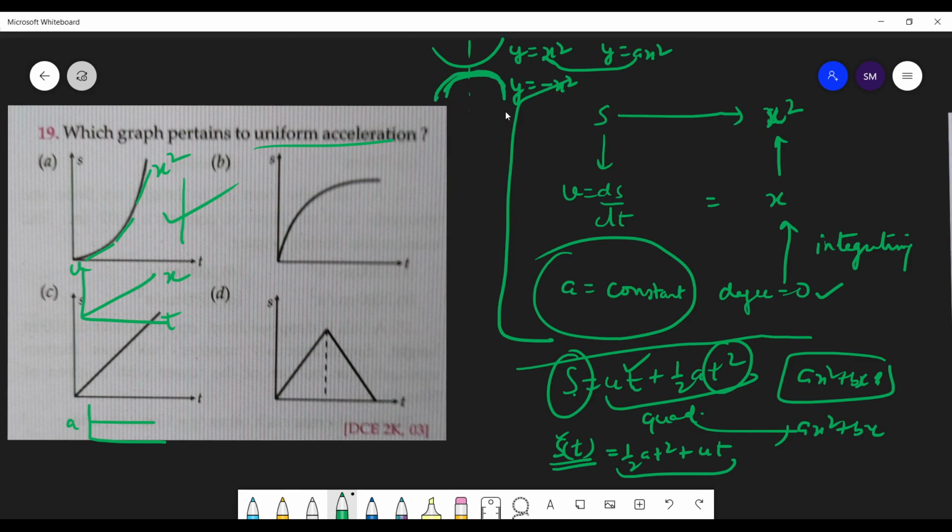So when will you get this downward graph? Upward parabola, y is equals to x square. Downward parabola, y is equals to minus x square. See, this is your x.